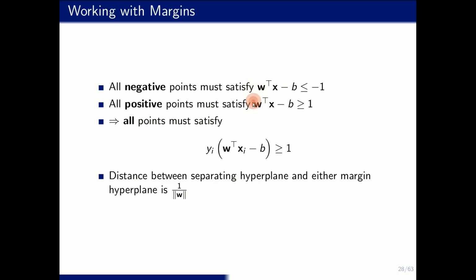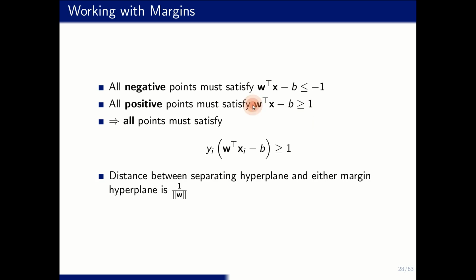These look like different constraints, but again by multiplying with our label, for positive examples this is +1, for negative examples this is -1. If we multiply by -1 here, then this constraint turns into this constraint. And multiplying by +1 for the positive points doesn't change anything.